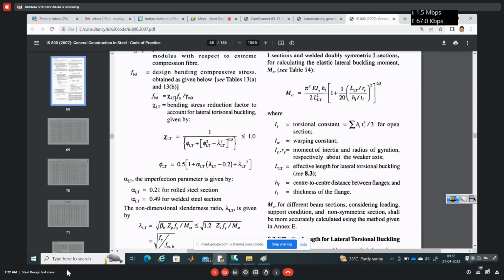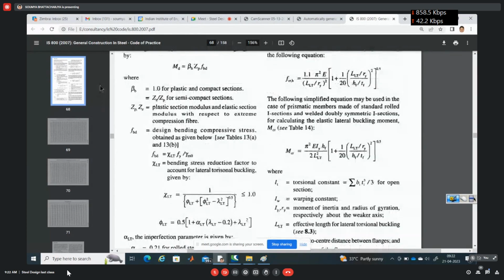So thereafter FBD is governed by this equation, FBD equal to chi LT Fy by gamma m0, the buckling strength. Then your design strength MDX equals beta B, which is 1 for a plastic section, into ZPZ into FBD.